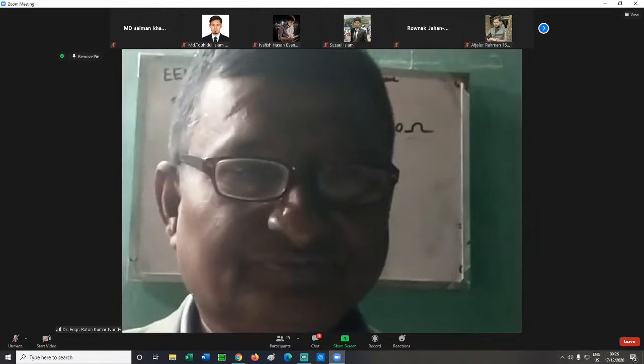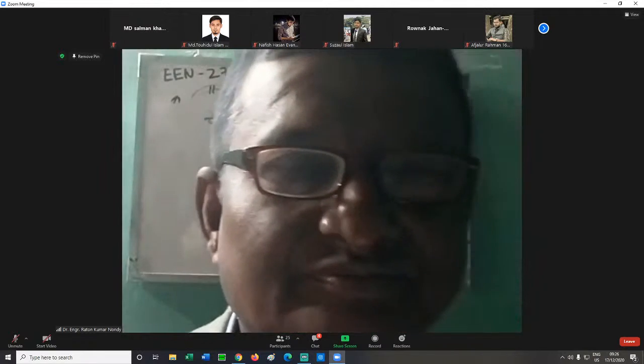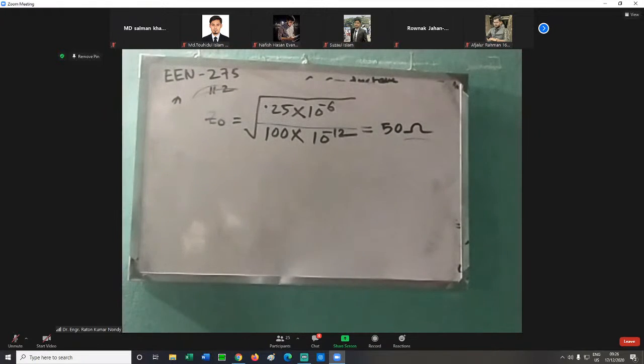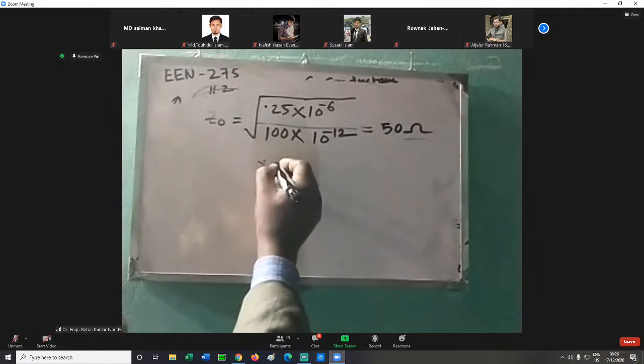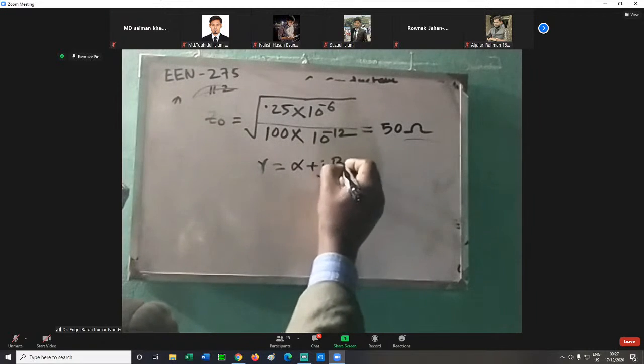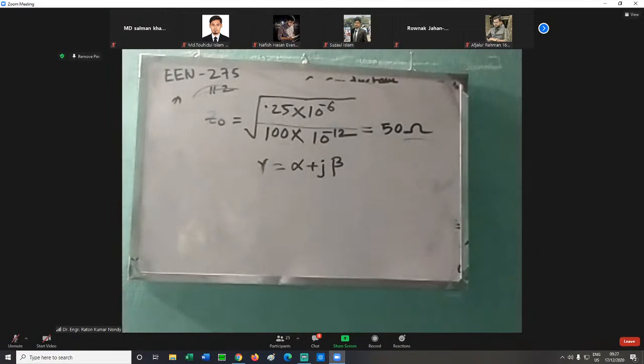What is attenuation? You know attenuation? I told earlier. There is a gamma. Gamma equal to alpha plus j beta.